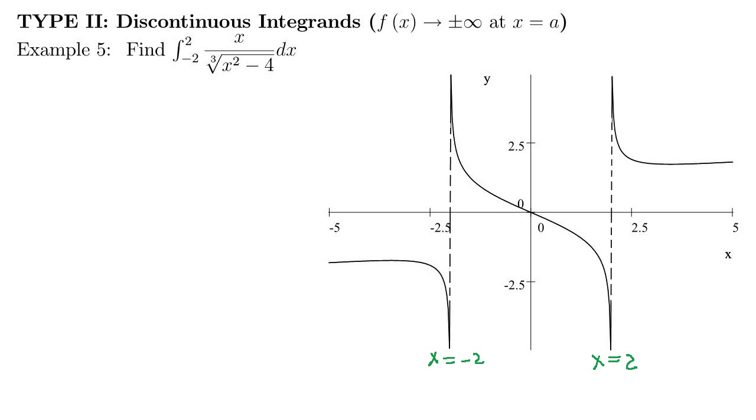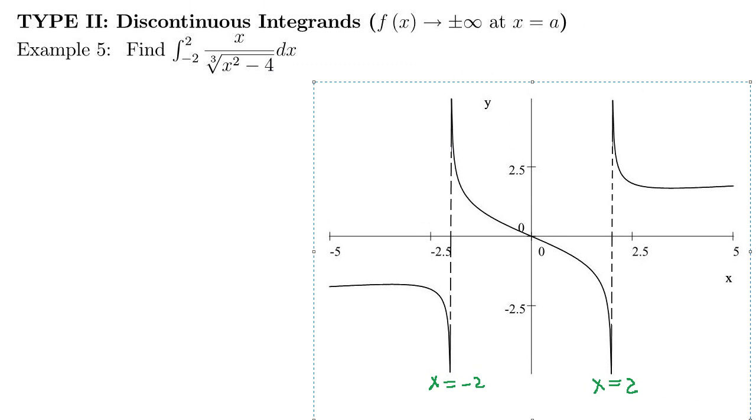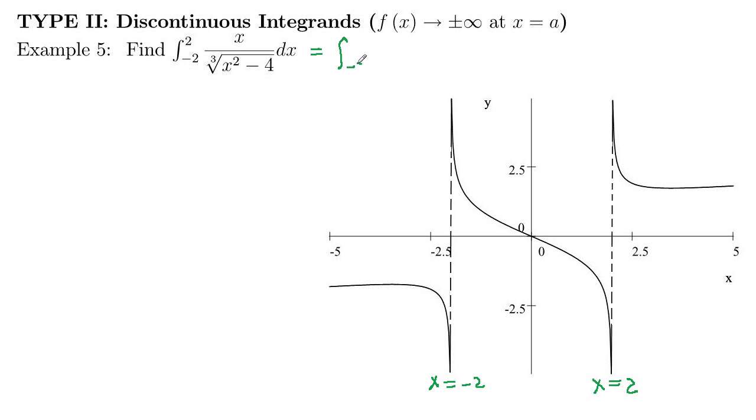So the first thing that we'll do is we will break this integral up into two integrals, similar to what we did in the previous example. So this will be the integral from -2 to 0 of x over the cube root of x squared minus 4 dx, plus the integral from 0 to 2 of x over the cube root of x squared minus 4 dx.